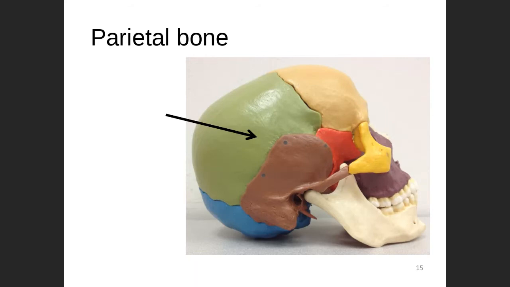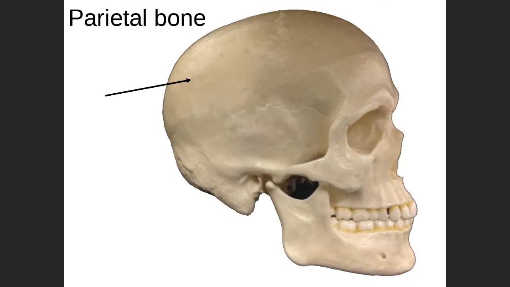The parietal bone makes up the posterior superior portion of your skull. There are two parietal bones, a left and a right one, and they both sit behind the frontal bone. Here's your frontal bone right here, and this would be the right parietal bone, and you have one on the other side. Now we're going to use a normal colored skull, and you can see back here is the parietal bone.